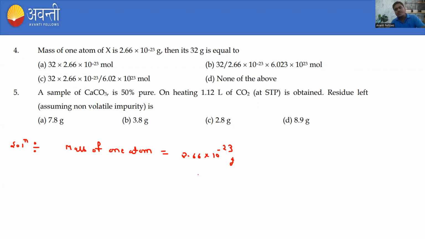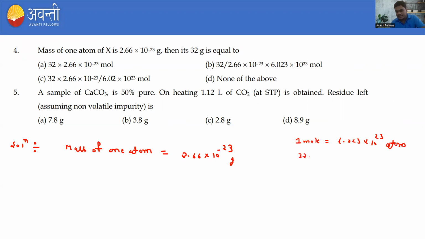We know that 1 mole is equal to 6.023 into 10 to the power 23 atoms, molecules or ions, whatever, and 1 mole is also equal to the molecular mass.